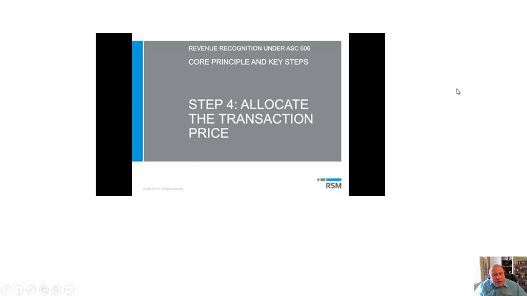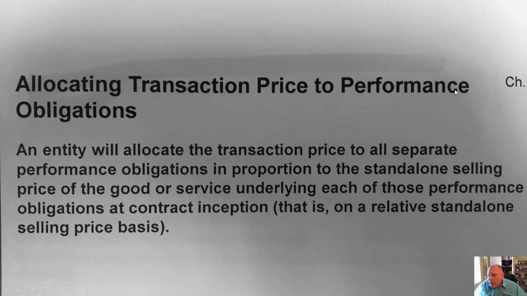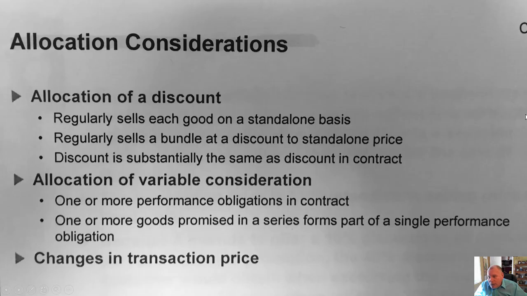Once we get the transaction price, how do we allocate it? We allocate it to all separate performance obligations in proportion to the standalone selling price of the good or service. So there's the actual, say, software, and then there's the support side of that, and we're going to try to allocate those prices.